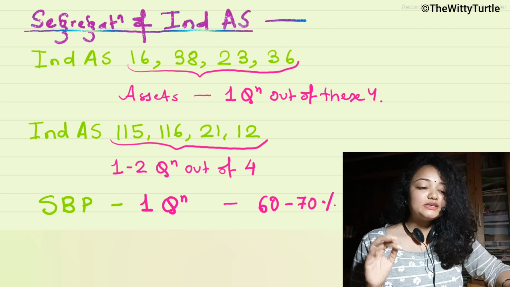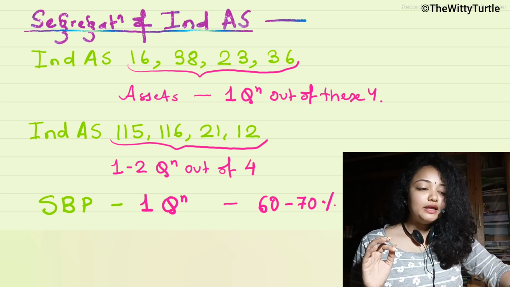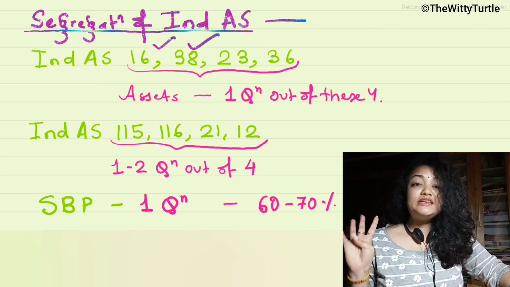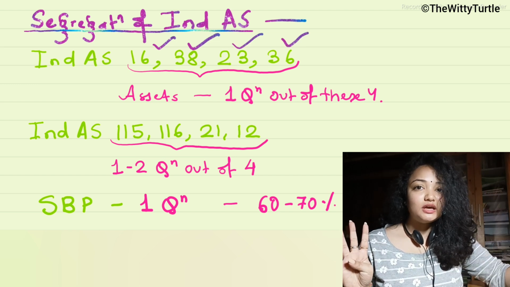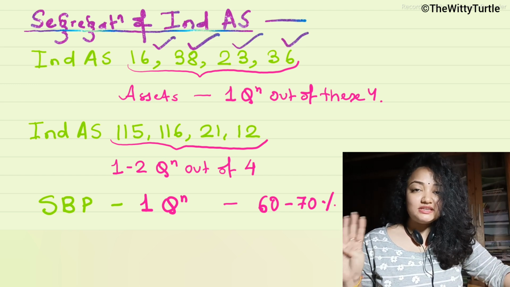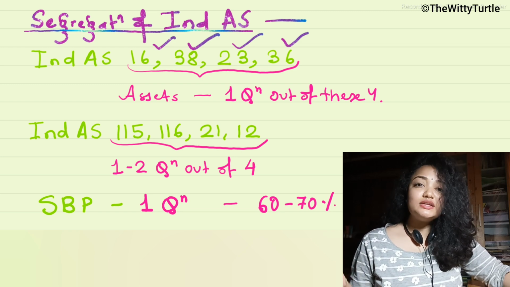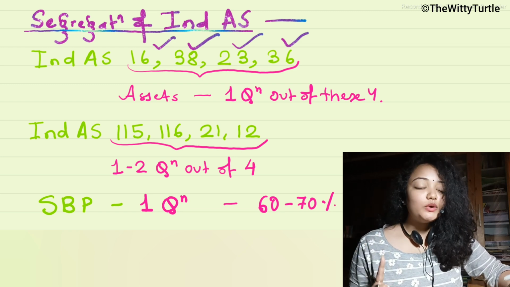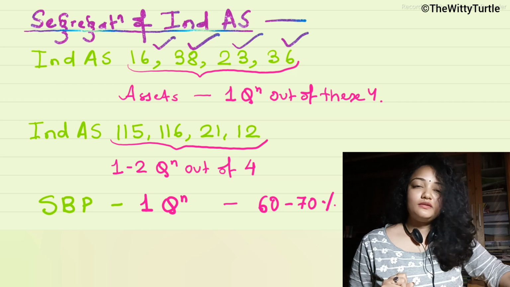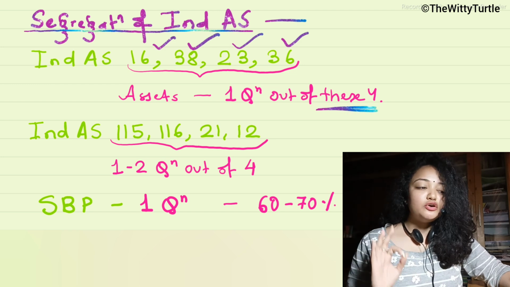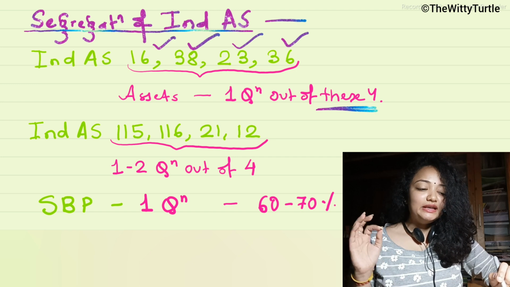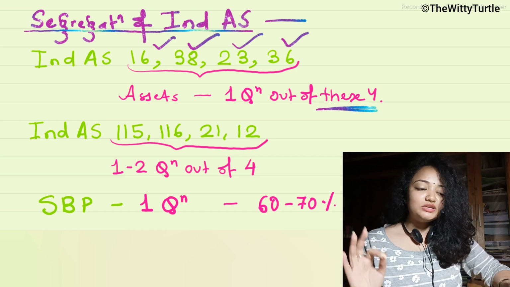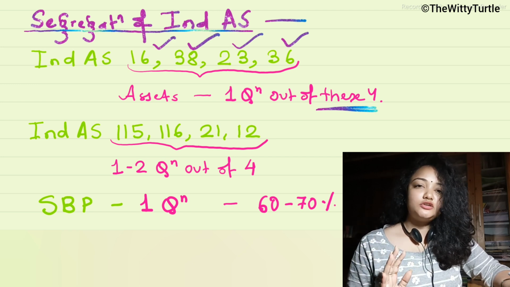Ind AS 16, 38, 23 and 36, these four Ind ASs are with respect to assets, right? So there is a high chance that you will be getting at least one question out of these four. Then coming to the second part, which is Ind AS 115, 116, 21, and 12.